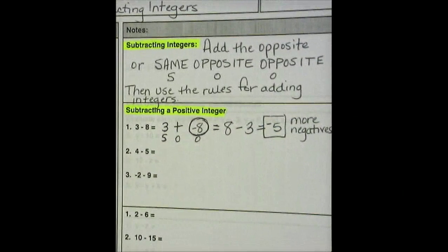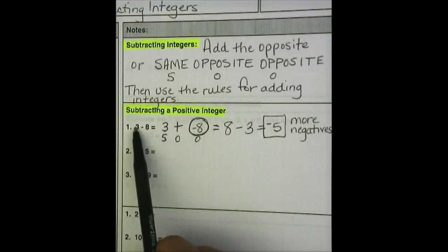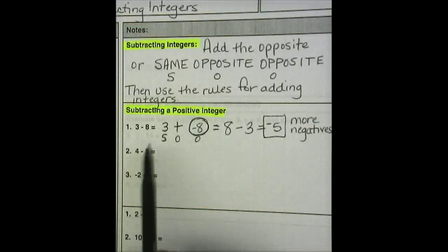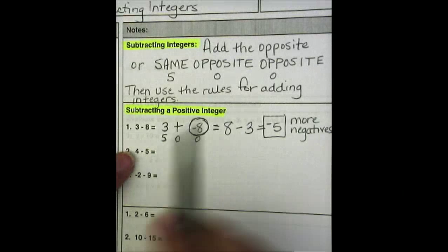Let's look at number 2. 4 minus 5. You can also think of it like on a number line. If I have 3 and I have to take 8 away, I'm going to have to move 8 spaces to the left on the number line, so we know we're going to go into the negative numbers. The same with 4 minus 5.